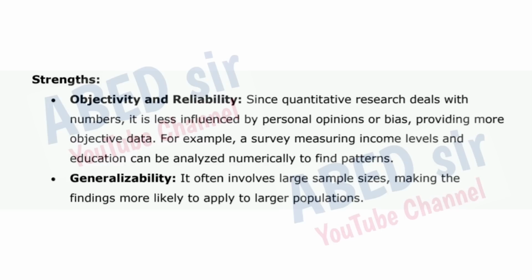Since quantitative research deals with numbers, it is less influenced by personal opinions or bias, providing more objective data. For example, a survey measuring income levels and education can be analyzed numerically to find patterns. Generalizability. It often involves large sample sizes, making the findings more likely to apply to larger populations.